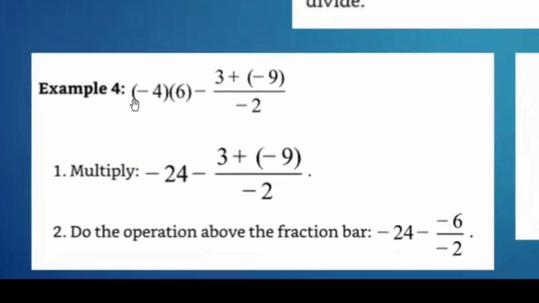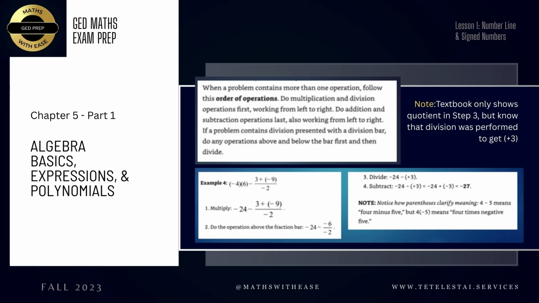We're being told to multiply -4 by 6 and then subtract that from 3 plus -9 divided by -2. All this instruction is telling you is that you want to pay attention to how the numbers are grouped.